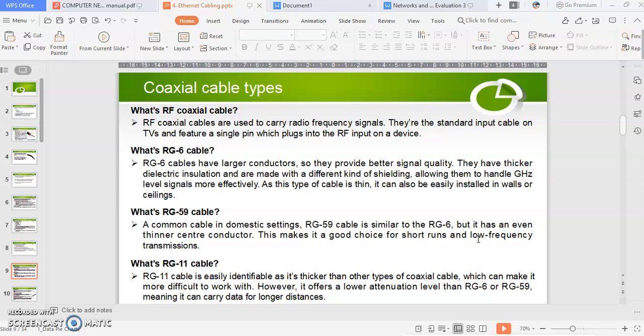But RG11 could sustain that transmission. So if you are setting up coaxial cable and you have this distance requirement, you choose between RG6 and RG11. The longer the distance, the better RG11 is. If it is only a low frequency setup in a nearby room, you do not need high frequency, so you can use RG59. And for higher frequency, RG6. Again, not every cable is the same. Although it may suffice.